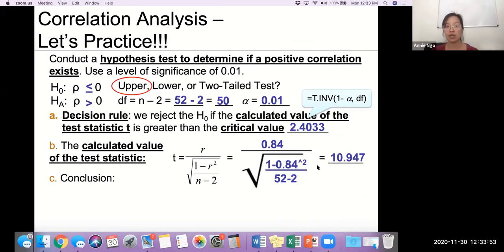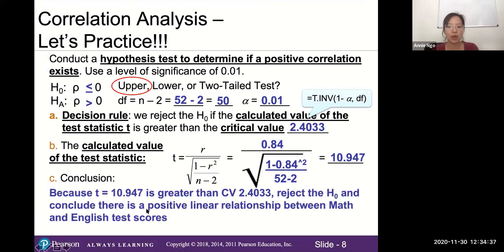So we rejected the null, and it can be helpful to imagine I cross out the null. That's the top statement with the 0 in it. And if I cross out the null, that means I'm left with the alternative. So what is that saying about our relationship? Is there a positive correlation between the two tests? So the way we would describe that is because our test statistic of 10.947 is greater, right?